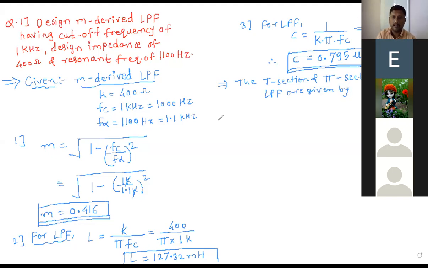So in the T section, two inductors are in series, in the series arm. Here it is capacitor and then inductor. In the pi section, inductor and capacitor are connected in parallel in the series arm. And in the shunt arm, the capacitor is there.